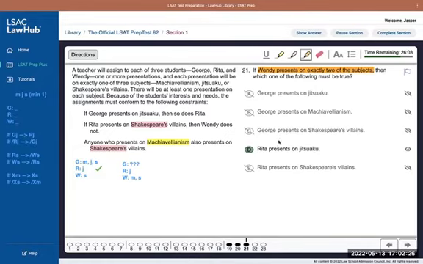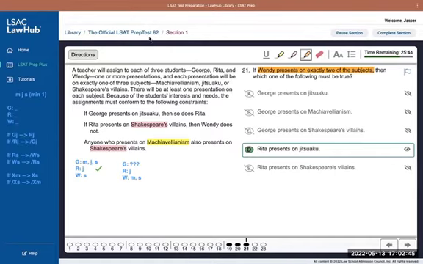And so based on one example, we've been able to show that A, B, C, and E all could be false. That's enough to show that they're not the correct answer. And therefore, R does have to present on J just by process of elimination.